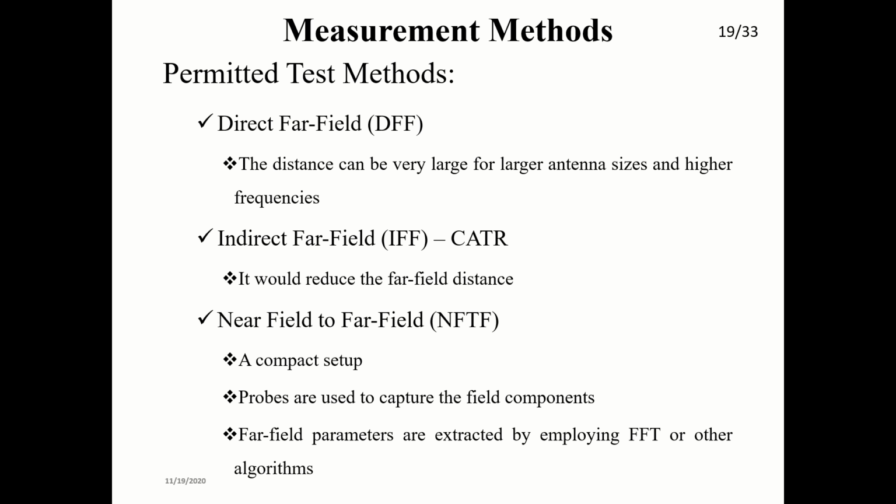Indirect far field is a compact version of the far field distance, employing a reflector in a compact antenna test range, which we will see in the upcoming slides. Near field to far field is a compact setup where probes capture the field components, and with those components the far field parameters are extracted by employing different algorithms, for example FFT.